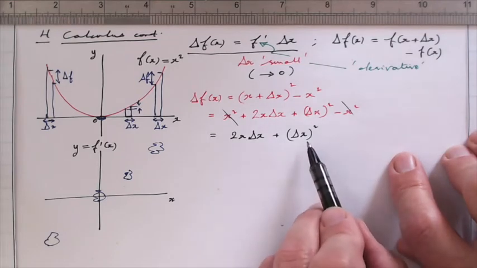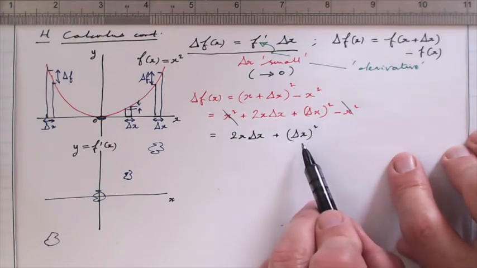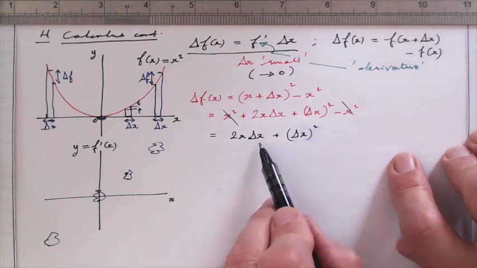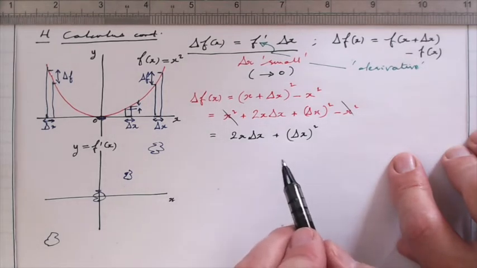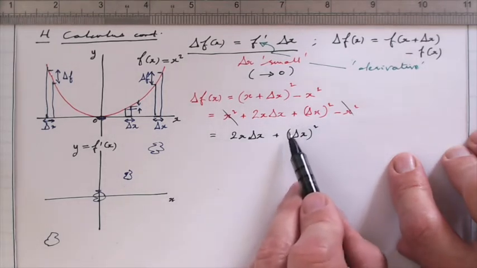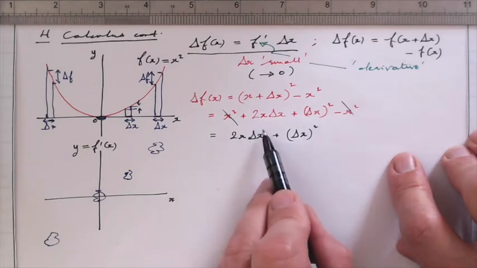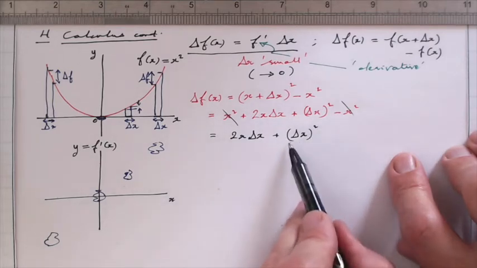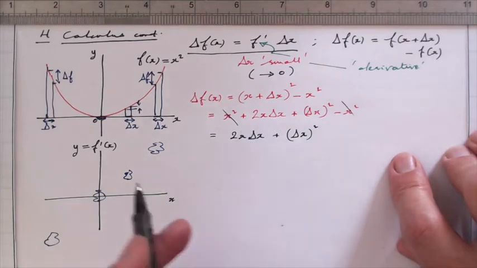And you see if we do that, because this term is delta x squared, as delta x gets smaller and smaller, this term becomes much, much smaller than this term. Just to give you a sense of that, let's say delta x was 1,000th. Then this would be like 1,000th squared, which is 1,000,000th, and this would still be of order 1,000th. So as you make delta x smaller and smaller, this term becomes vanishingly small compared to this term.